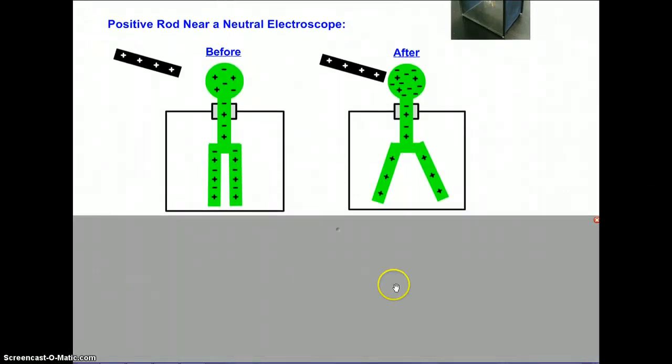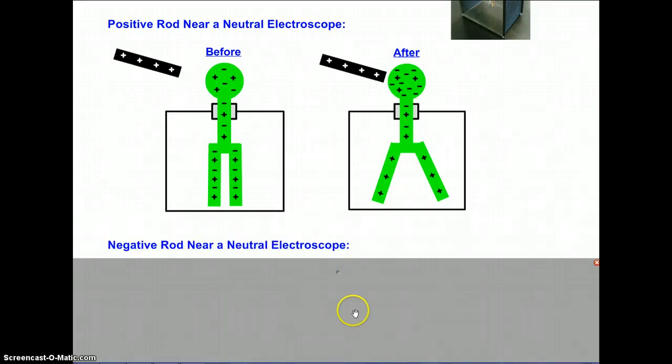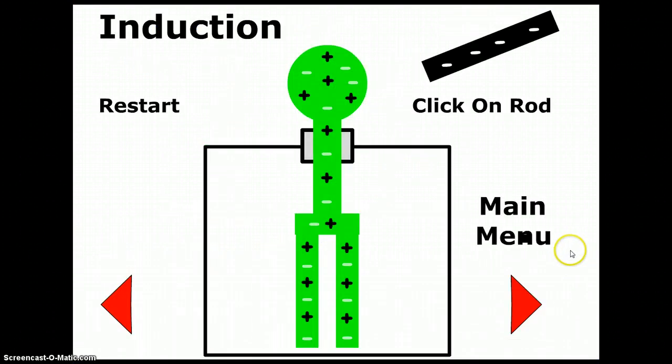Let's now think that through and analyze what would happen if a negative rod were brought near a neutral electroscope. So once again, we start out with our neutral electroscope, and this time we're going to bring a negative near it. What would a negative do to the free charge carrying electrons represented in this diagram?